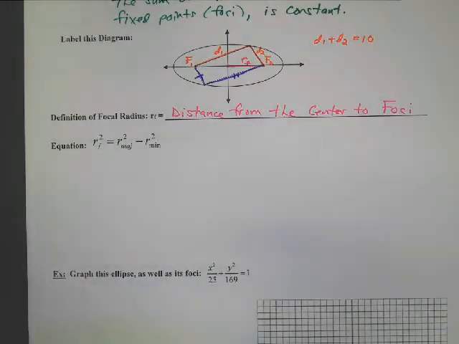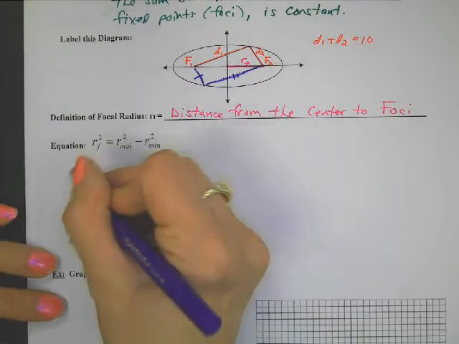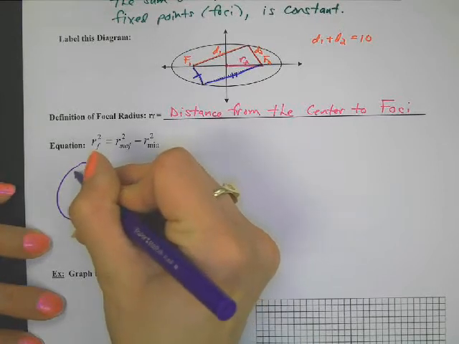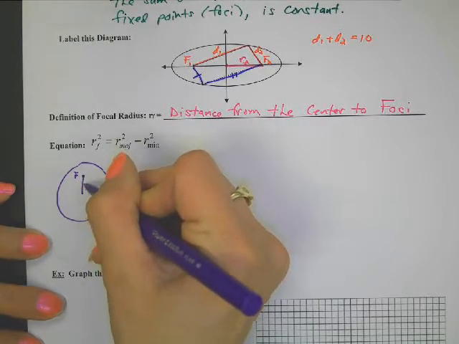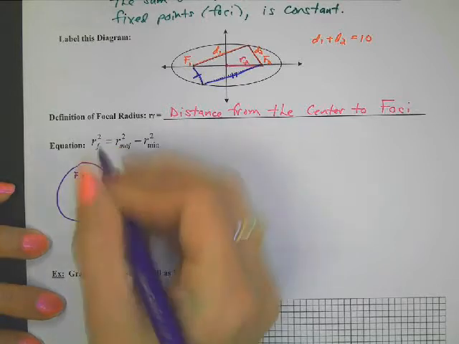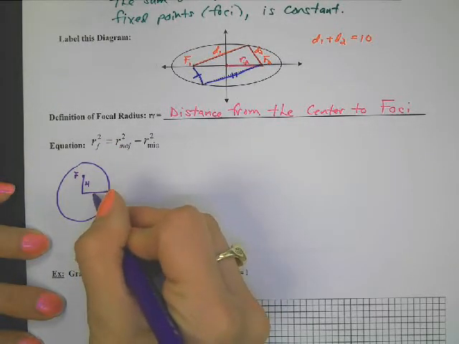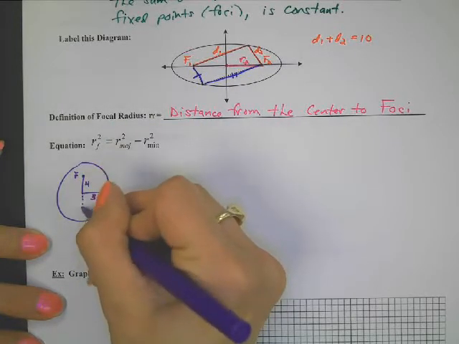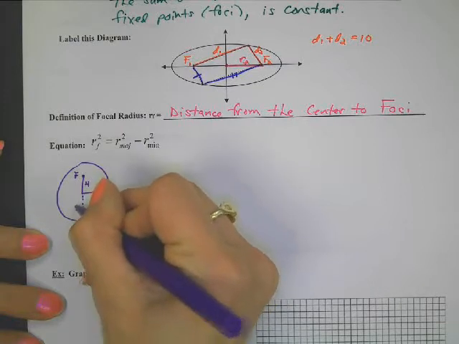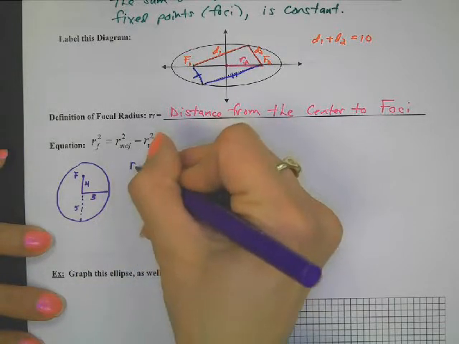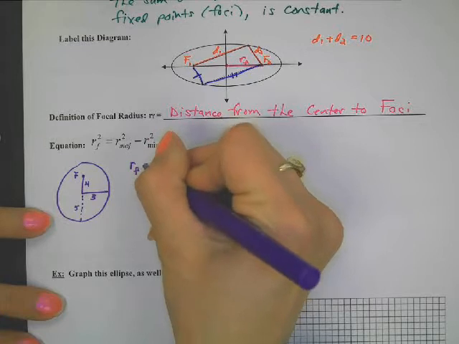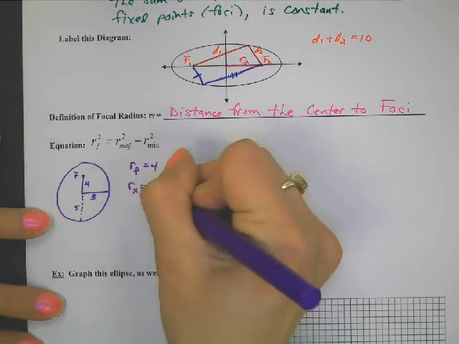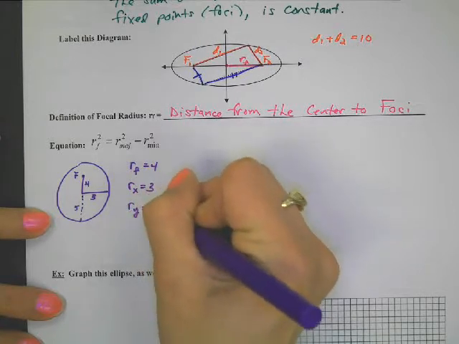So for example, if we have an ellipse, and we have the focus point right there, if the r sub f is 4, and the r sub x is 3, and then the r sub y all the way to here, r sub y is 5, we can do a calculation. So if r sub f is 4, the focal radius is 4, the radius in the x direction is 3, and the radius in the y direction is 5.